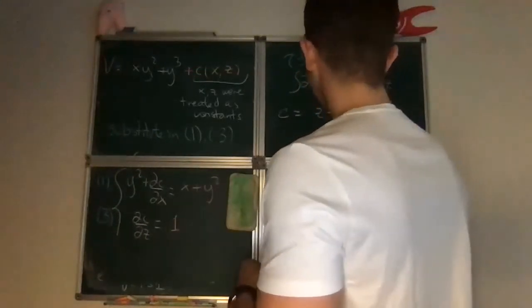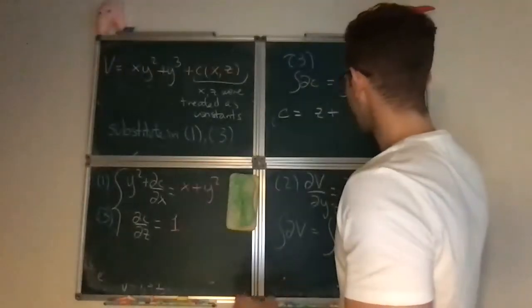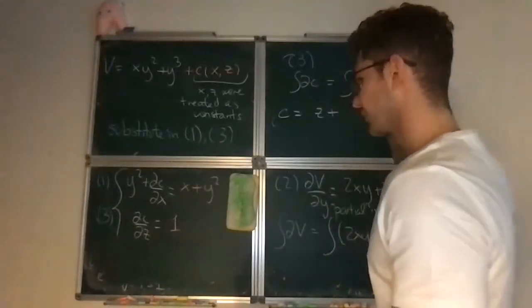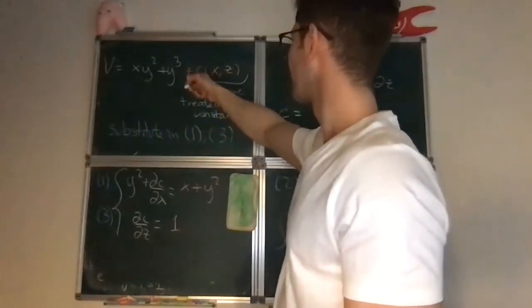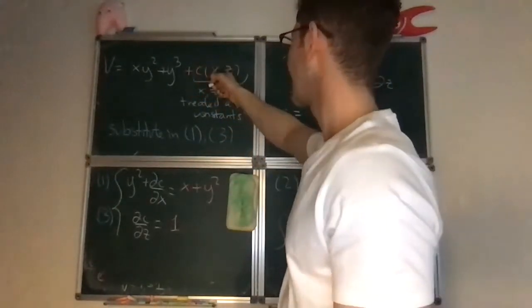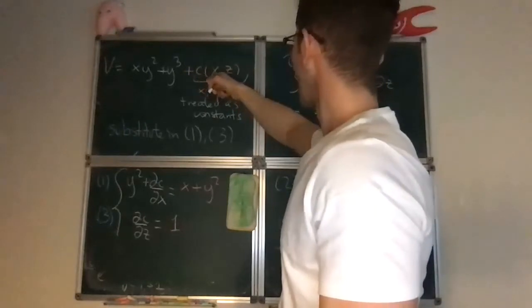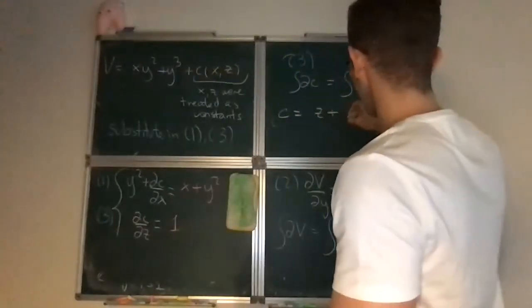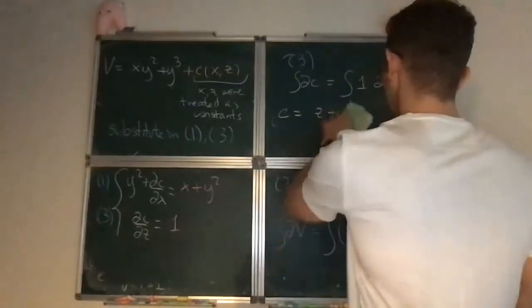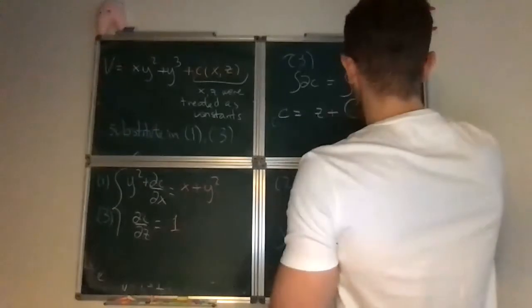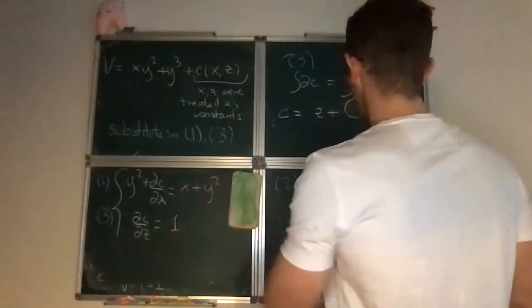But what was treated as a constant when you do this partial integral? Well, this was in principle a function of x and z. So x was still being considered a constant. So really the constant of integration here can be a function of x.